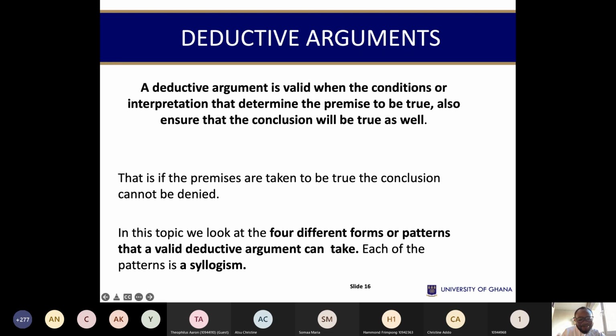Then you tell me if what I'm saying, the arguments that I'm giving, is an inductive or deductive argument, with the explanations that I've given. So my conclusion is that the man is cheating. I'm going to give you the reasons why I think that the man is cheating. So listen to the reasons carefully and tell me if you think that is a deductive argument or an inductive argument.